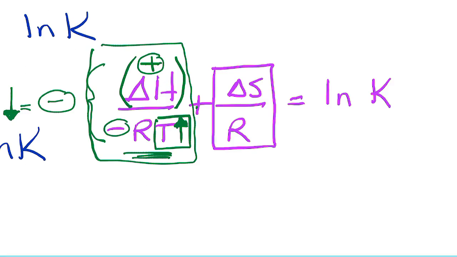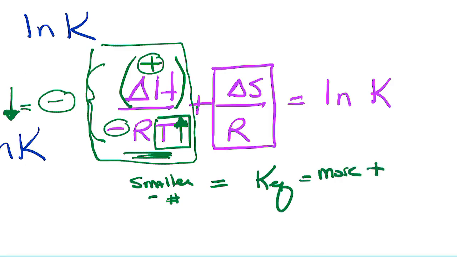So what's happening is that you're adding a smaller negative number to this than it was originally, which means your K EQ or K is getting more positive. And now you need to know, if you've got a greater or more positive K, what is K? K EQ is the concentrations of the products over the reactants. Coefficients become exponents. Solids and liquids do not matter. But if K is becoming more positive, that means we're favoring more products.